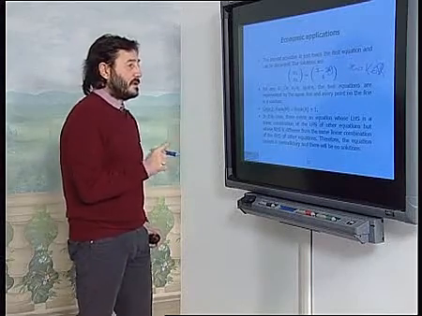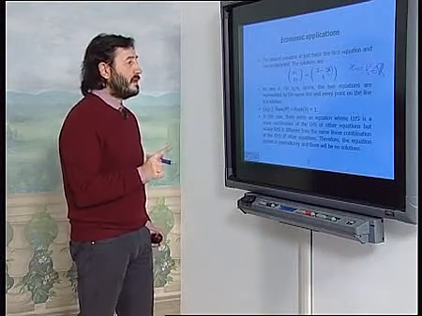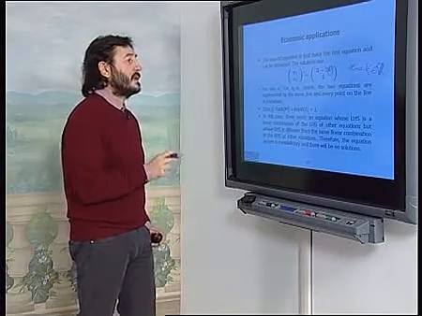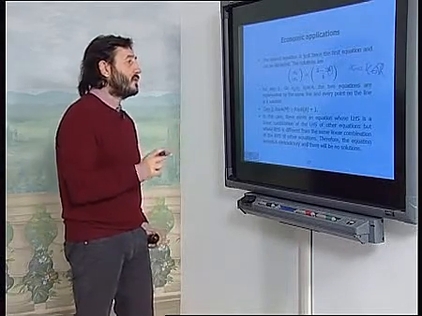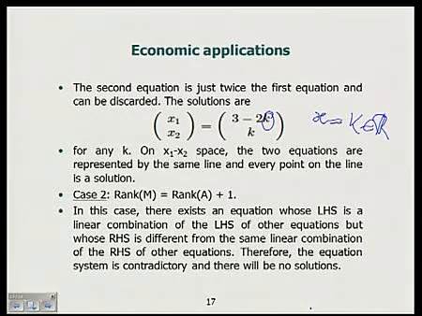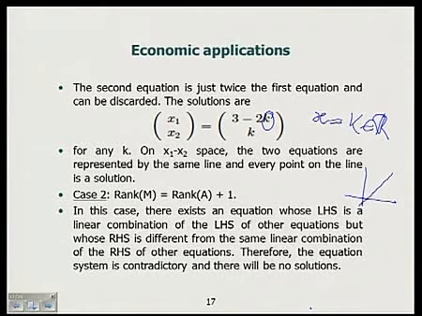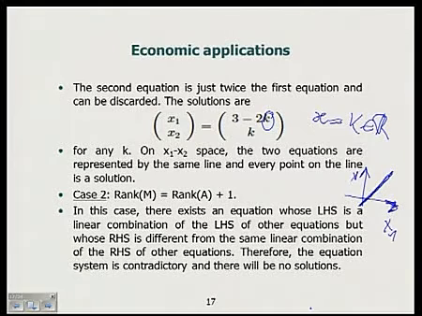And the geometric meaning of this situation is that in the x1, x2 space, the two equations are represented by the same line, and every point on the line is a solution. The solution is on this straight line.